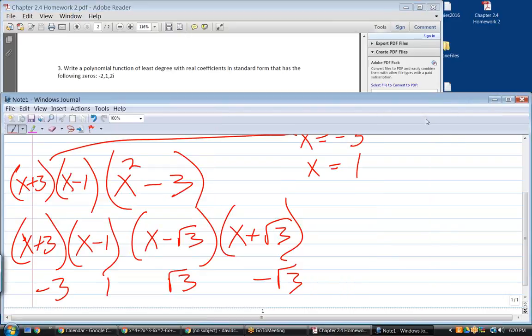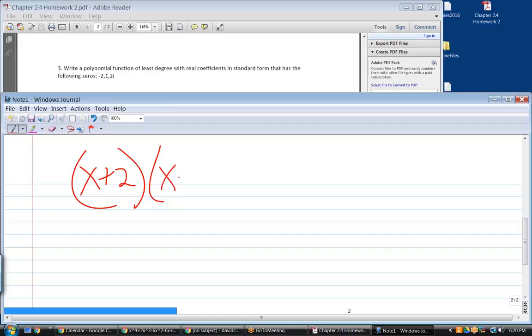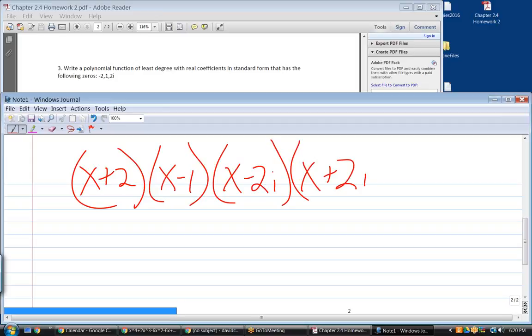So how am I going to get this polynomial? It would be x plus 2, x minus 1, x minus 2i, and x plus 2i. And x squared minus 4i.